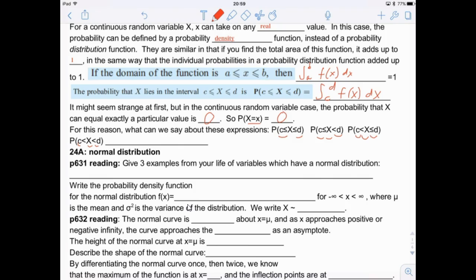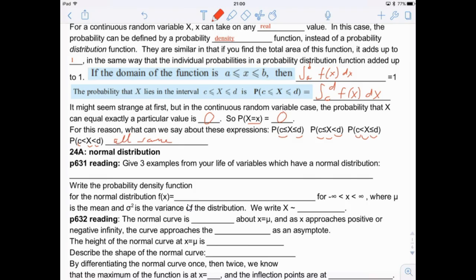You remember for a probability distribution function in the last chapter, it did make a big difference, because each integer data value had a certain amount of probability that it would occur, because the outcomes were discrete. But now that the outcomes are continuous, that's not true. So we can say that they're all the same.